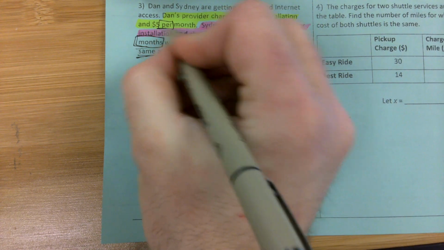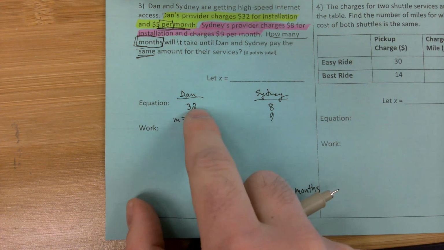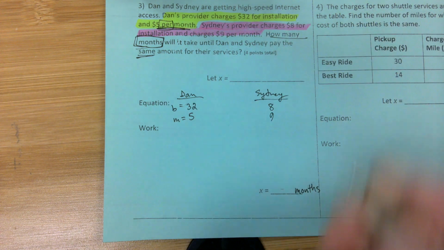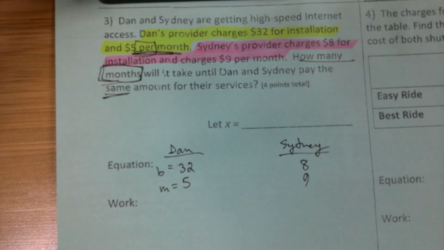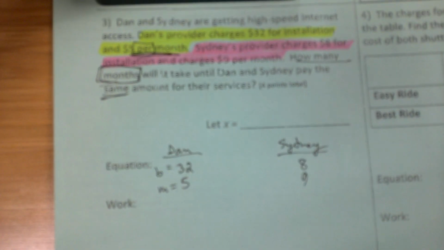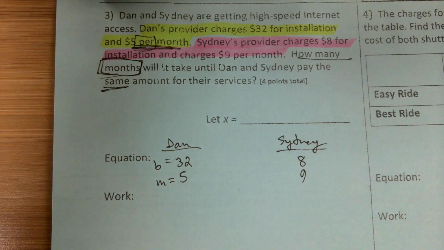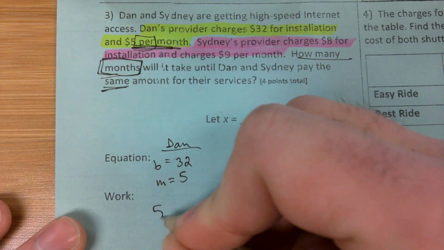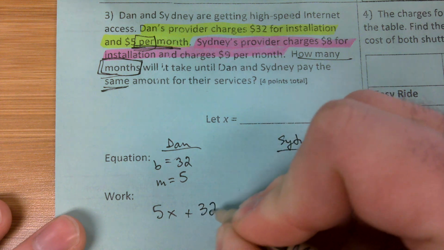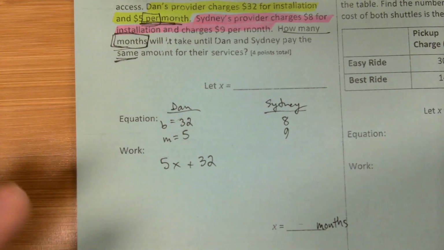That's how we know right away $5 per month is our unit rate, which means 32 must be our initial value or our starting point. Right? You start out paying $32 just to get it installed, and then you're paying $5 a month after that. So we can write the equation 5x plus 32. Right? mx plus b.